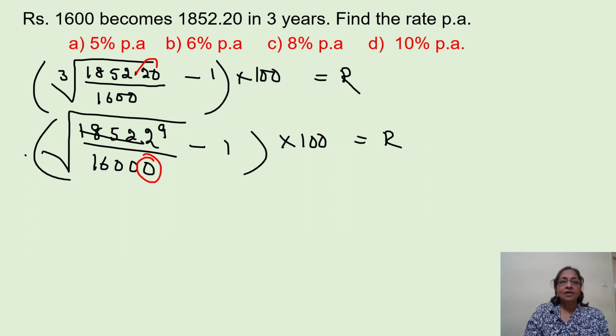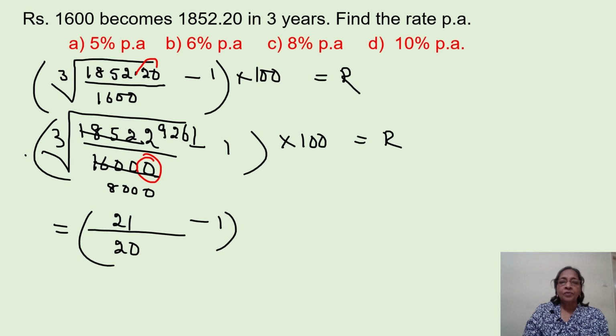So 2 9s are 18, 2 2s are 4, 2 6s are 12, and 2 8s are 16, 0 0 0. Now this is cube root of all. Cube root of 9261 upon cube root of this. So this will be 21 upon 20 minus 1 into 100.